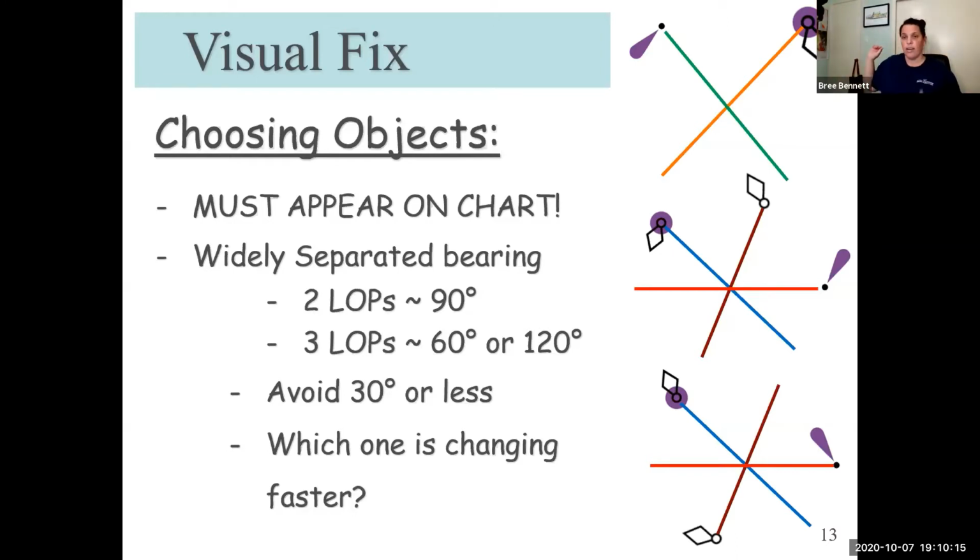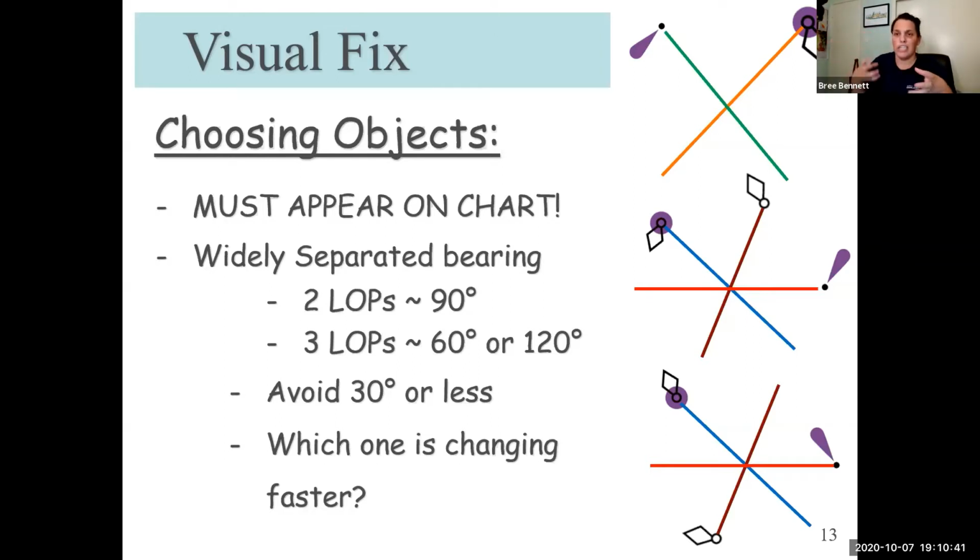So if you want an 8 o'clock position and you have a lighthouse off your beam and a buoy ahead of you, you want to get that lighthouse first at 8 o'clock because that's going to be changing much more rapidly than the one closer to in front of you or astern of you, because that's not going to be changing as you are approaching it.